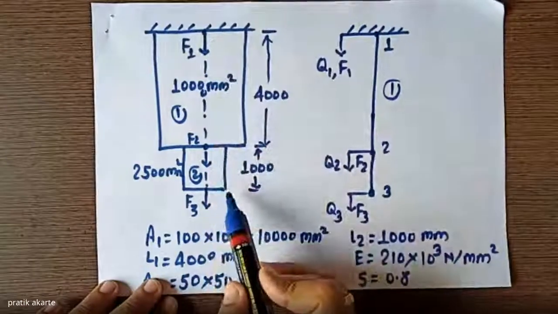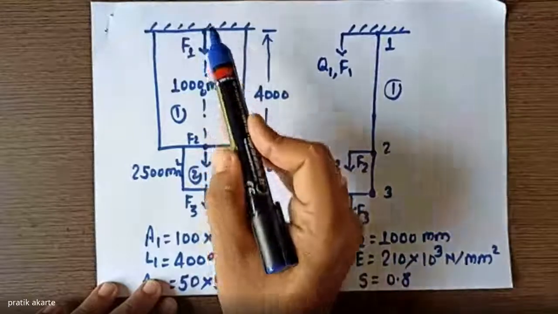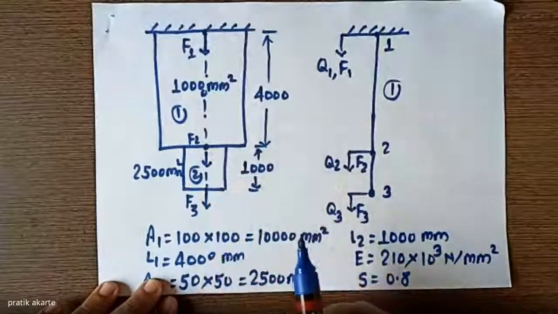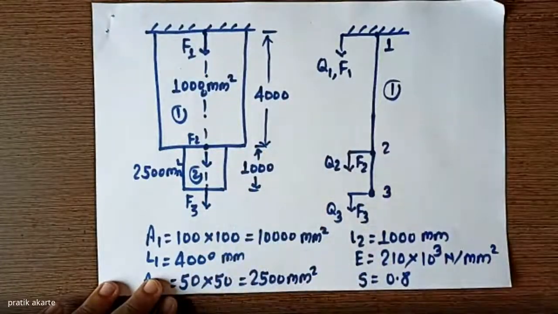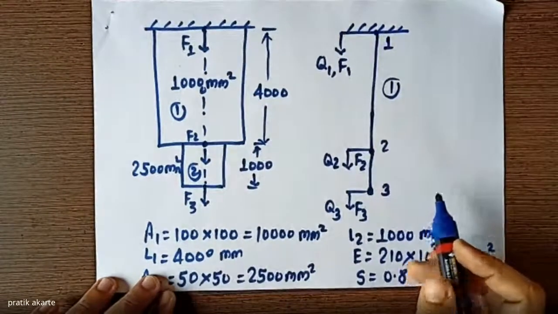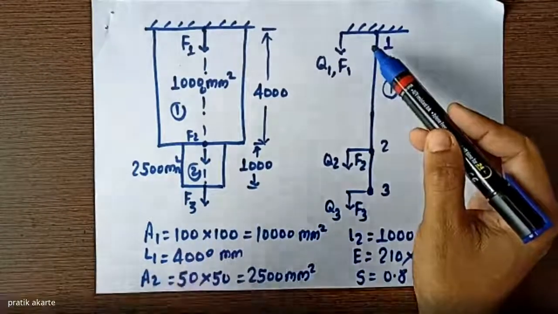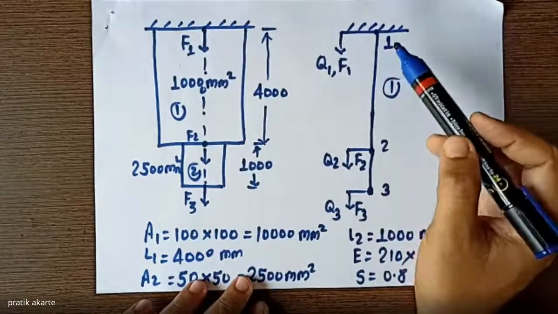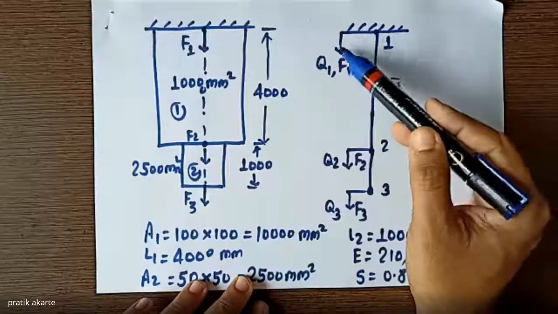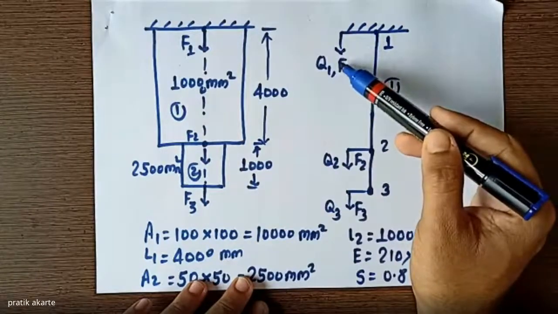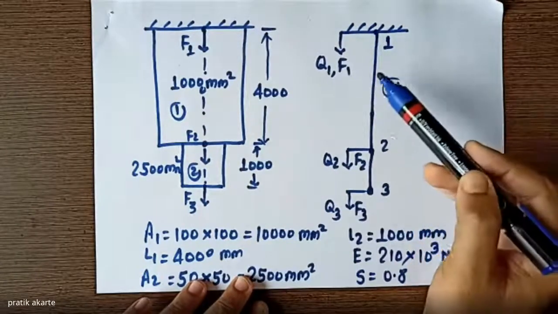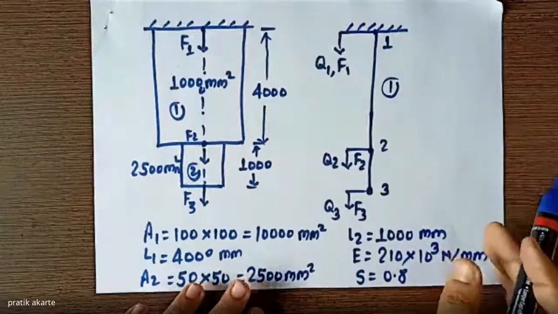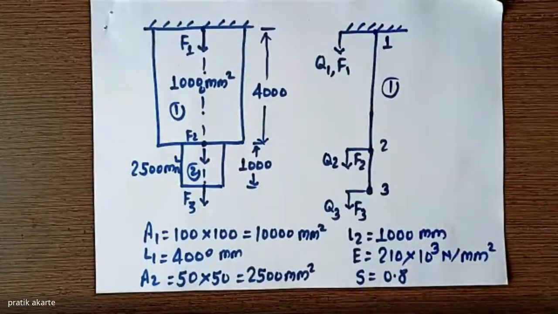Self weight is applied, so forces are applied at three nodes because of the self weight, and because of it the bar is suspended vertically downwards. We will be observing the displacement at each node, that is q1, q2 and q3 respectively. So this is the data given to us. Let us solve this problem.